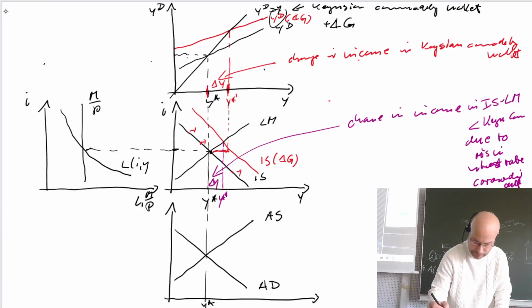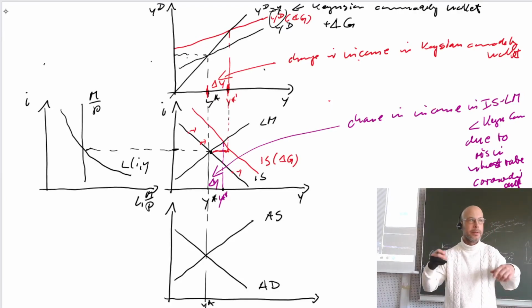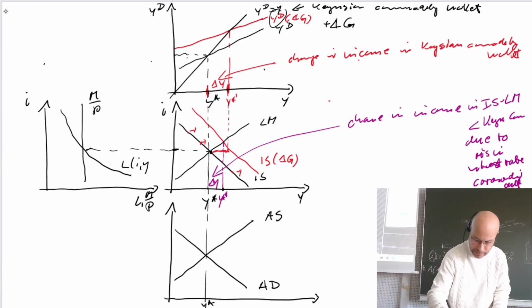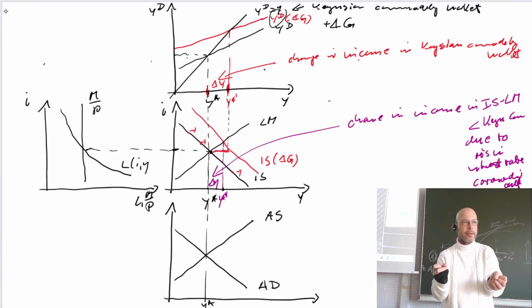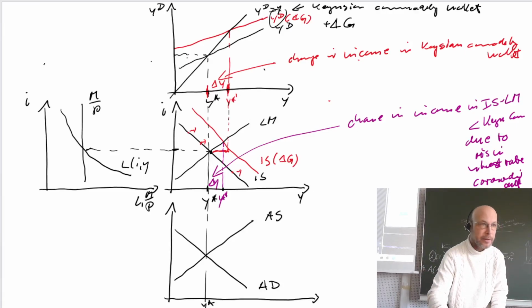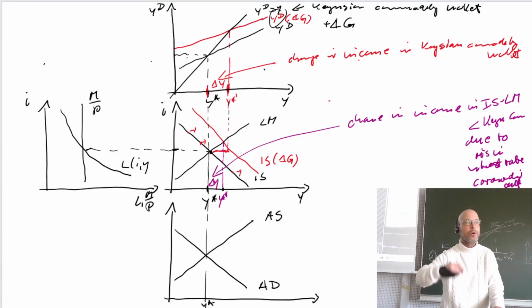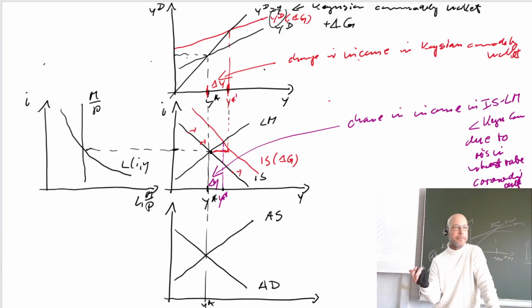So again, think again on the derivation of the AD curve. We derived the AD curve that we calculated, or that we looked at the intersection of ISLM, but this income here now corresponds to a specific price level. And this is this price level here. Then we come at the AD curve at this point.